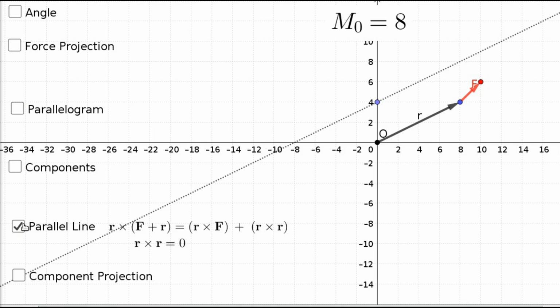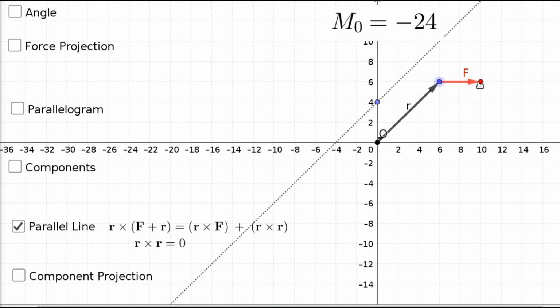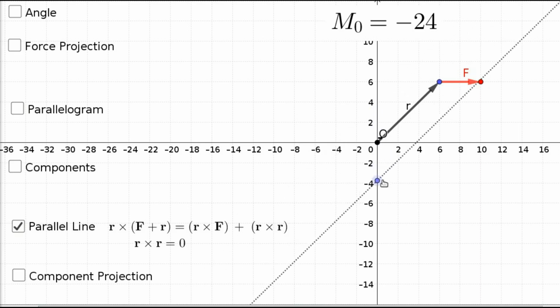Now, one thing that is fairly interesting here is we can draw a line parallel to our r vector, and let's get it to snap there. Okay, here we see our moment is minus 24 in this case. We've calculated it out.